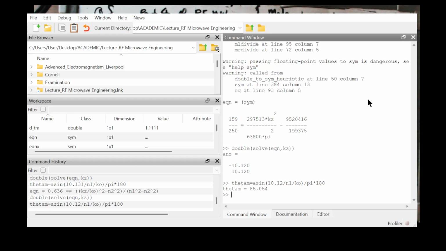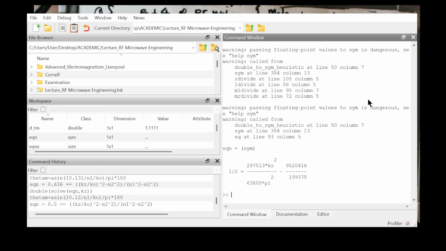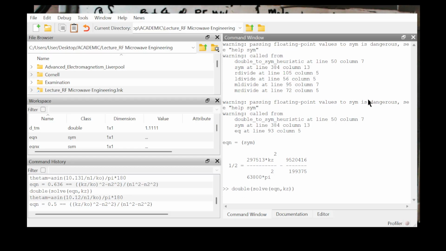And now I'm looking at mode number 6. The value of B is 0.5. And I need to solve the KZ.